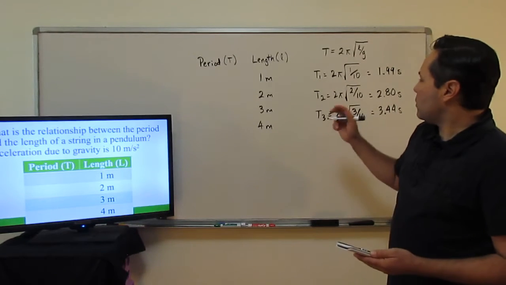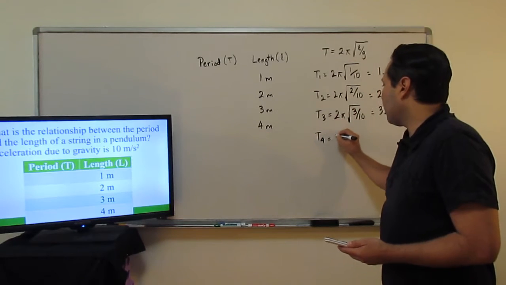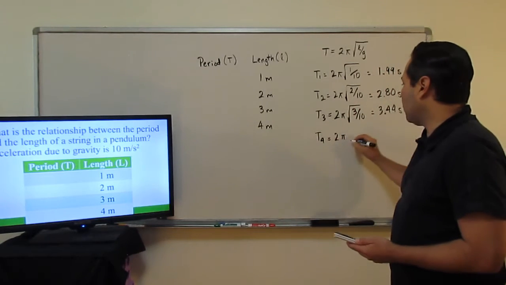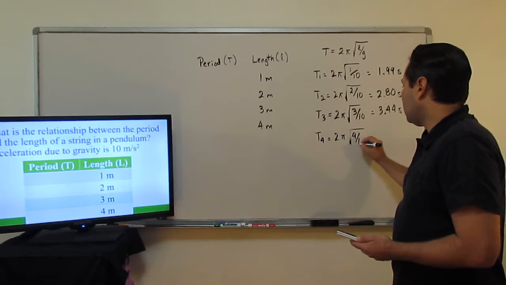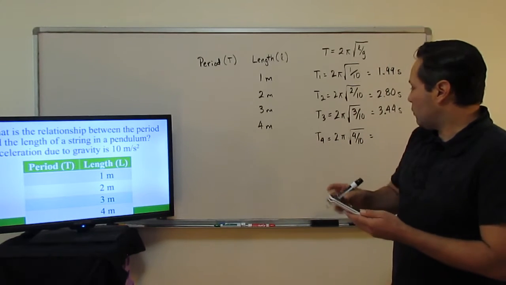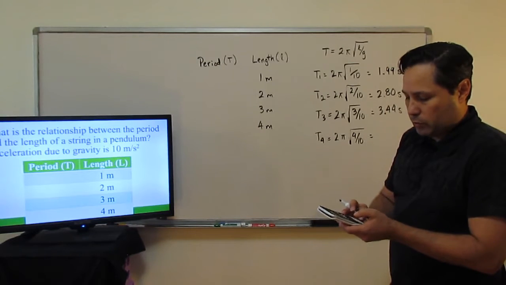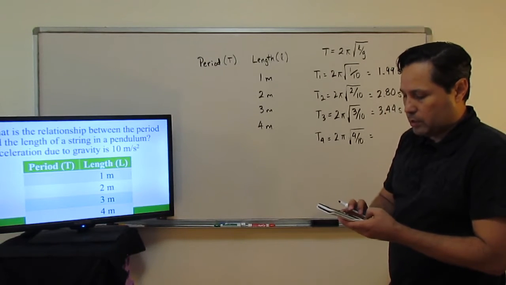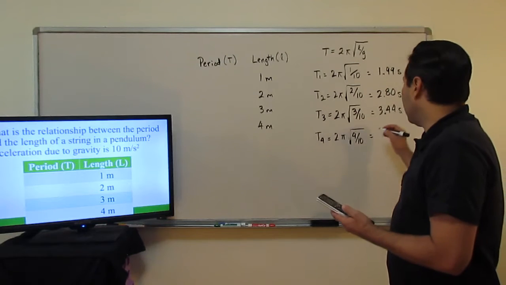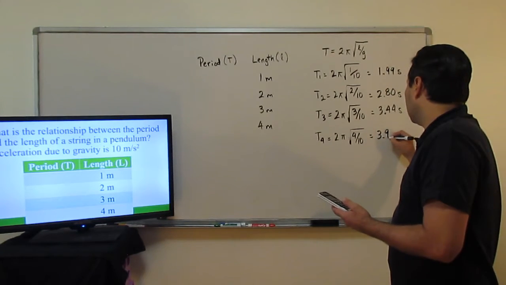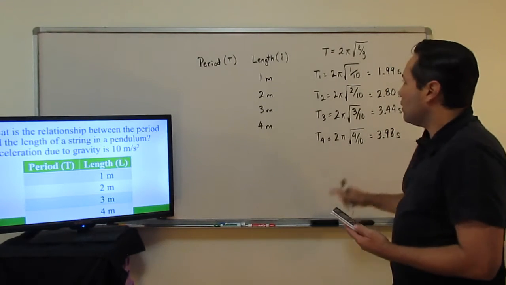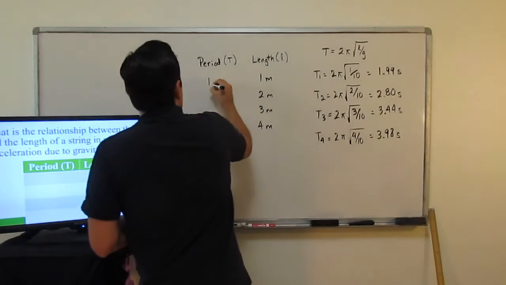And the last one is going to be trial 4, where our length is 4 meters. So it's going to be 4 divided by 10, square root the answer, multiply times 3.14 times 2. That gives us 3.98 seconds.